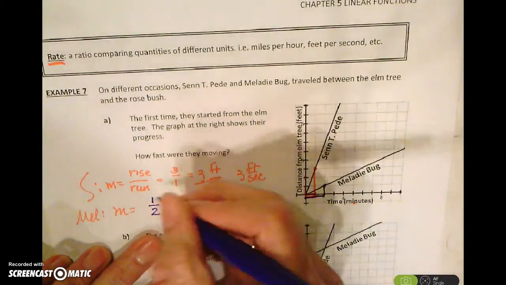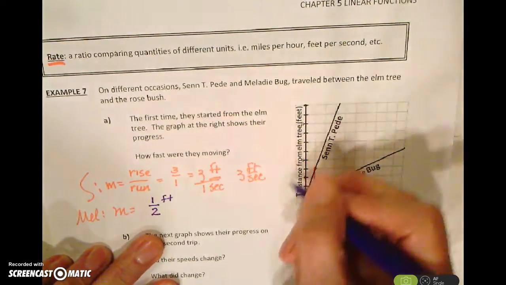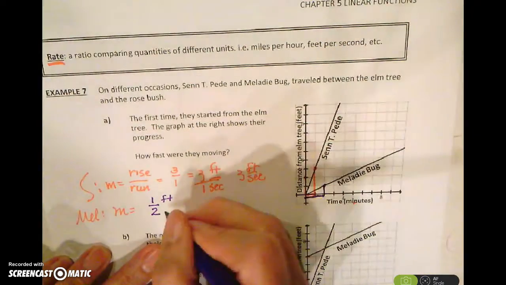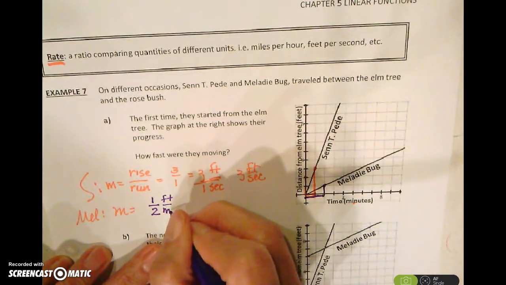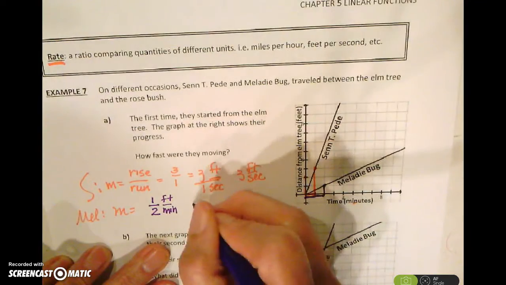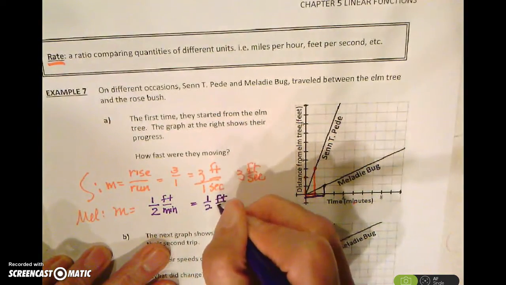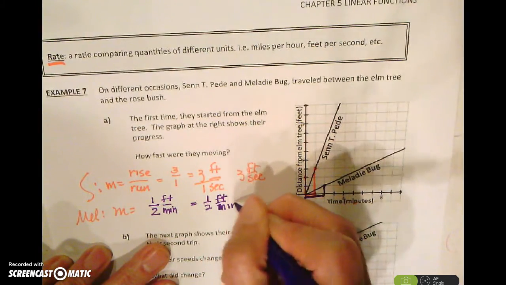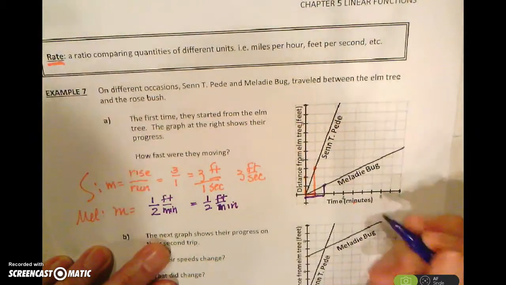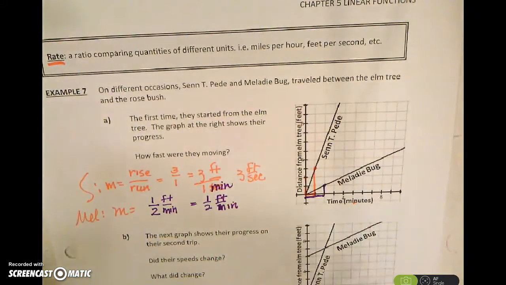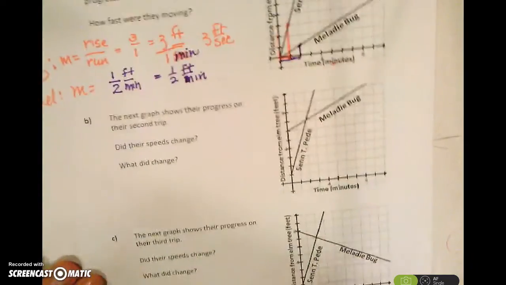And when we put units to this, this is 1 foot, that's our vertical, and then our horizontal was in minutes. So 1 foot for every 2 minutes. So we say she was going 1/2 feet per minute. What did I say, seconds, up there earlier? This should have been minutes right there. My apologies.